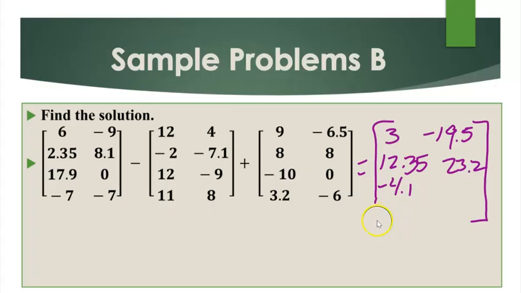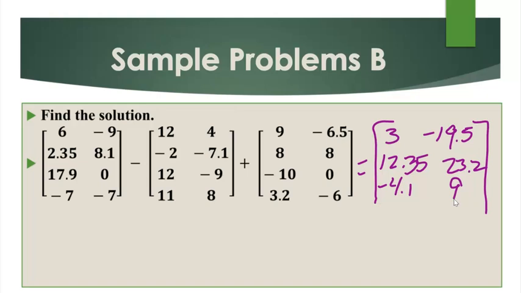Let me just erase this part here. And then we have 0 minus negative 9, which is 9. 9 plus 0 is 9. And then our last one, negative 7 minus 11 is negative 18.